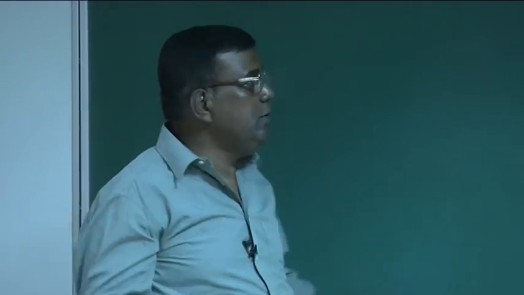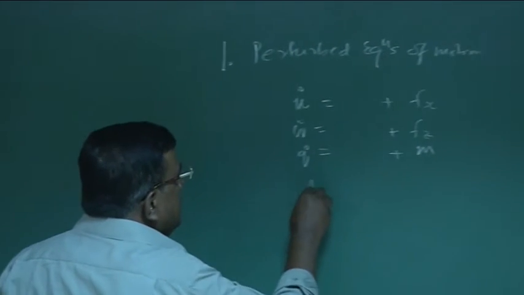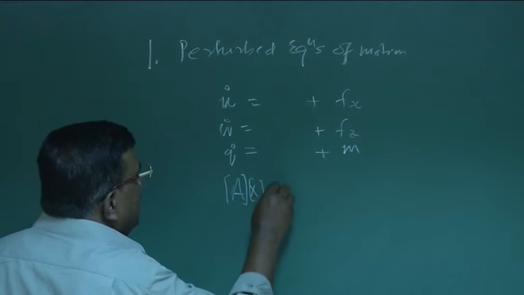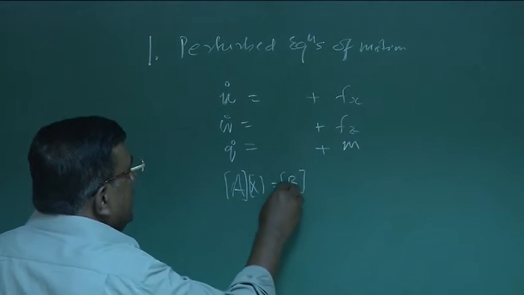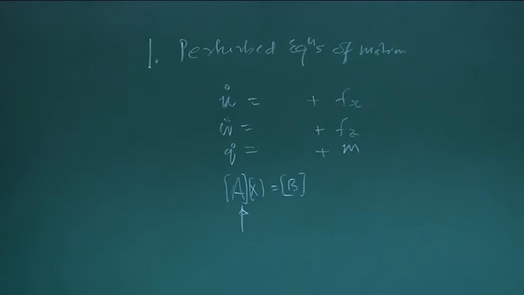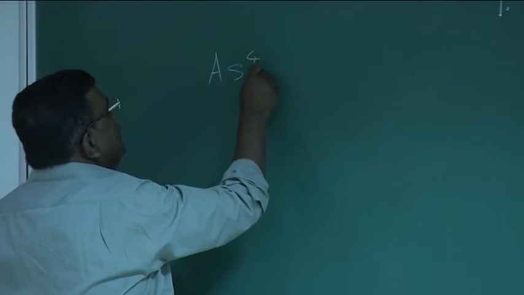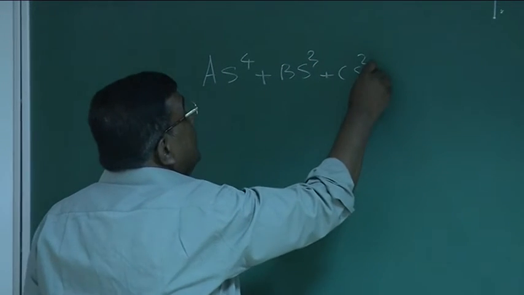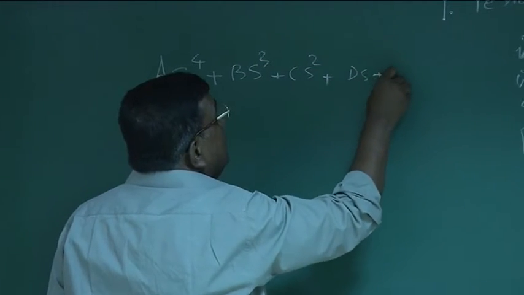Then we found those dimensional stability derivatives and plugged them into this equation to get a matrix equation of the form Ax equal to B. Okay, and then we know the characteristic equation is determinant of A equal to 0, and we got the characteristic equation of the linear system as As^4 plus Bs^3 plus Cs^2 plus Ds plus E equal to 0.